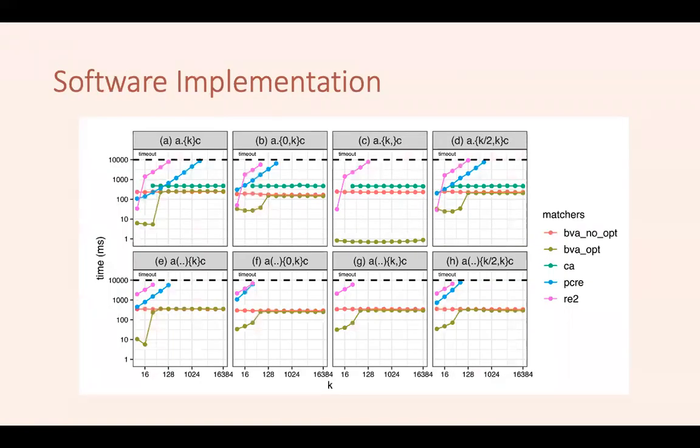So we also have a software implementation of these things. This is mostly the bit vector things, and we compared them against PCRE, which is the blue line, written in C and based on backtracking.